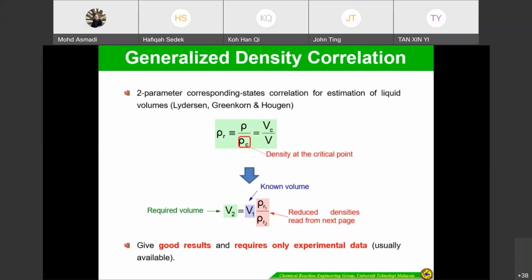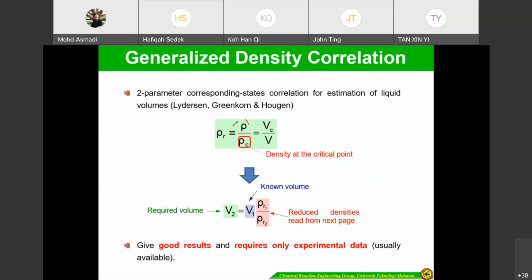This is a two-parameter corresponding state. What you have to do is calculate rho R1 and rho R2. Rho R means rho divided by rho C. Meaning this is the density. Of course, for the liquid, it is going to be related with the density.